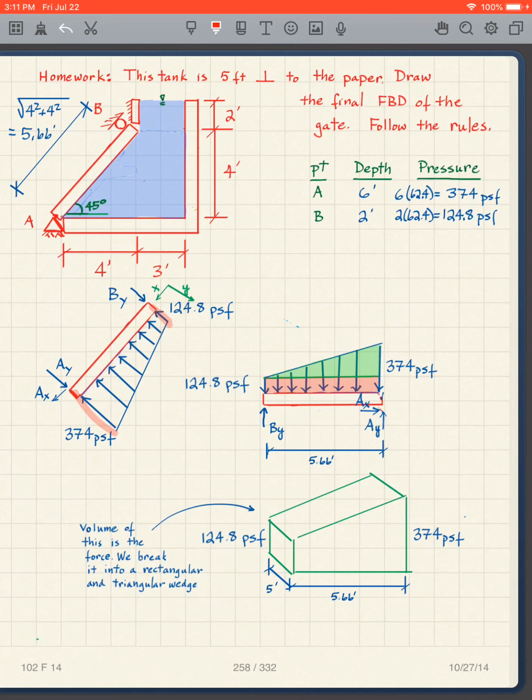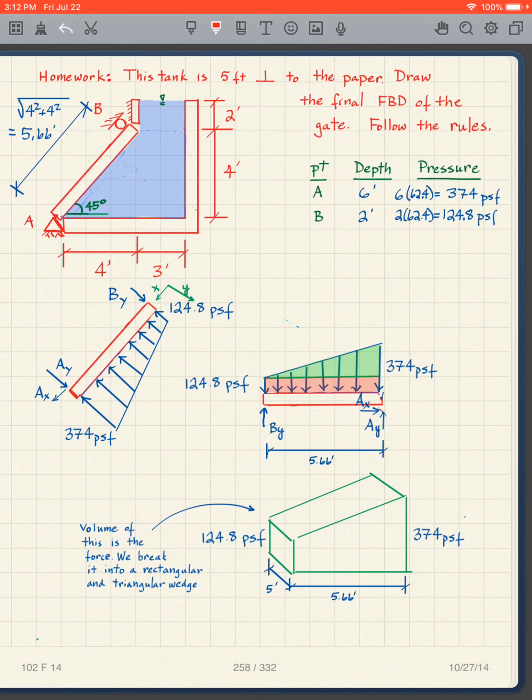And I rotate this to get it to look like that. And now we've seen this before. It looks like our beam problem. We just have to take the 5 feet perpendicular to the paper.